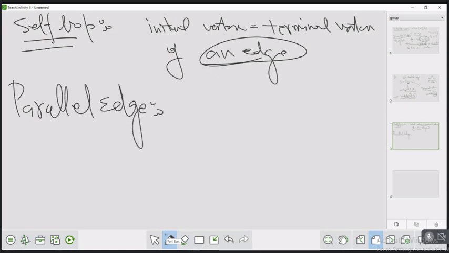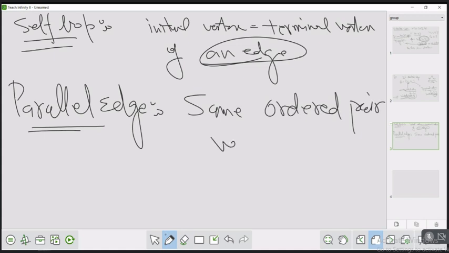Parallel edge means edges which have the same initial and terminal vertex, or we can say the same ordered pair of vertices. Same ordered pair of vertices.